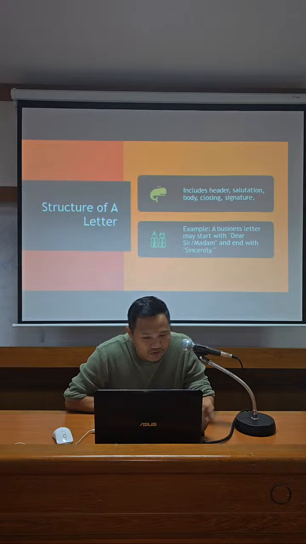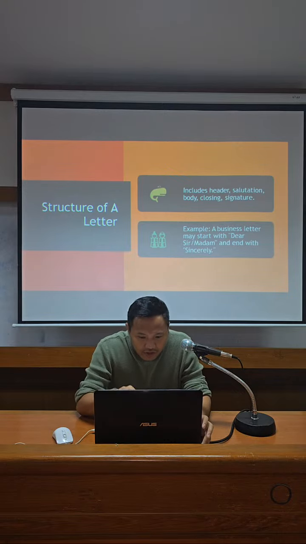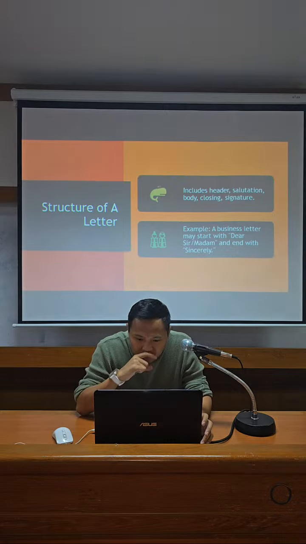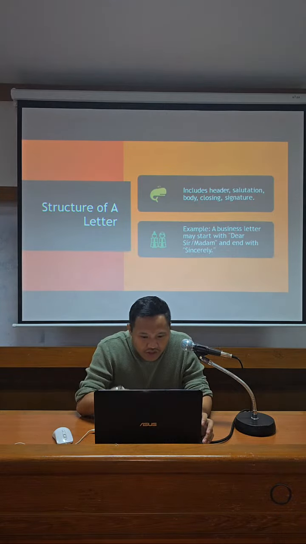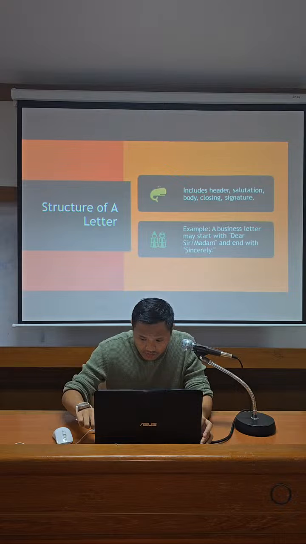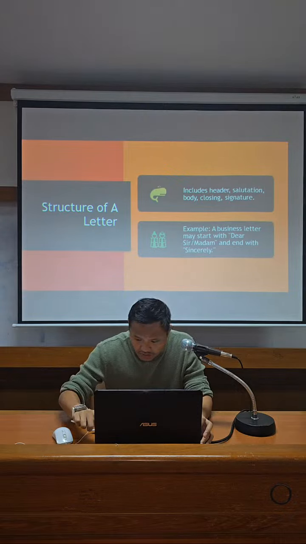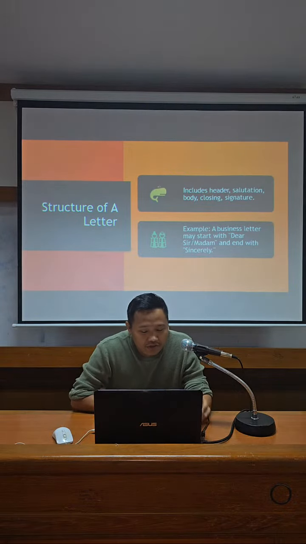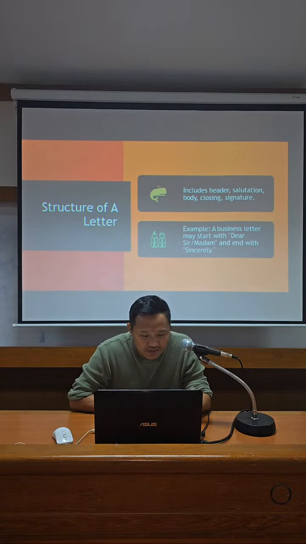So the structure of the letter includes header, salutation, body, closing, and signature. For example, a business letter may start with "Dear Sir/Madam," and end with "Sincerely."